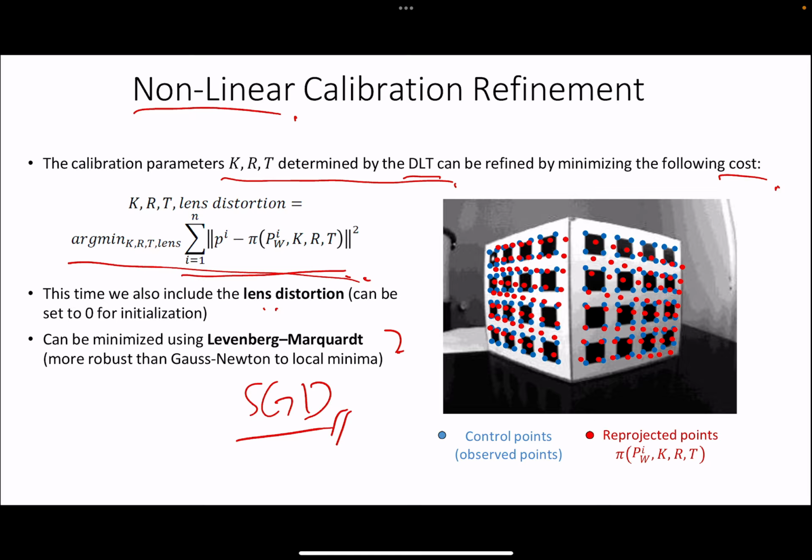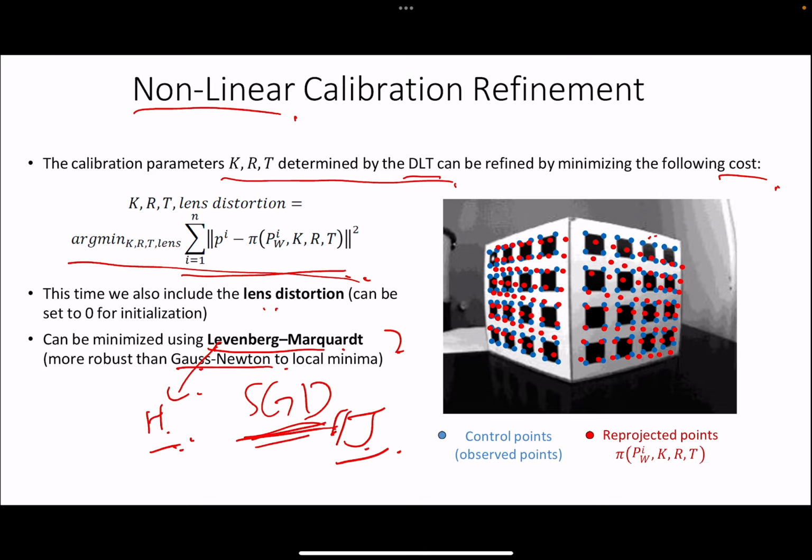But SGD is a first-order optimization, and these are second-order. They use the Hessian, based on the Jacobian. So it is more robust, in particular when we only have maybe 20 points, very small data. If we have very small data, we need a robust optimization technique, and these are very robust to noise.